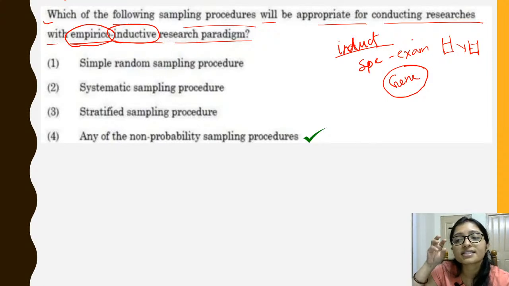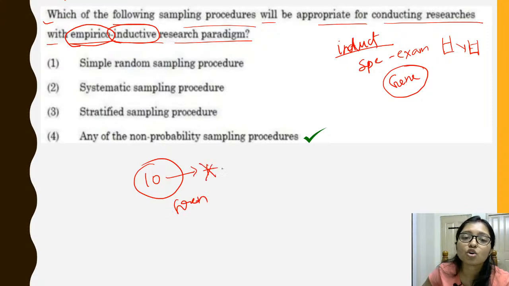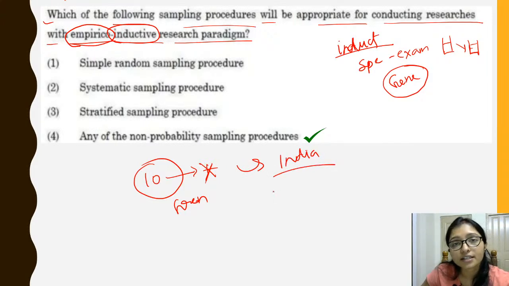If you are choosing with some bias, like for the coronavirus, just now, if you are doing the research and you take 10 members from a green zone and there is no positive case, then can you say that in India there is no positive case? You cannot, because it is not random.